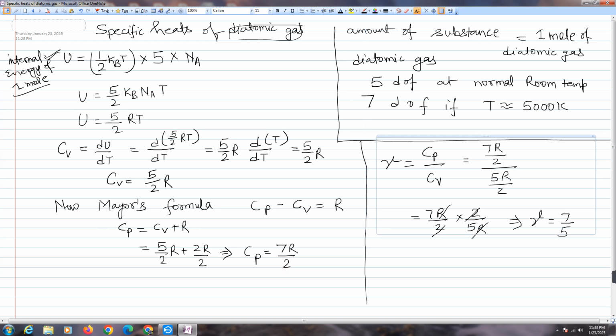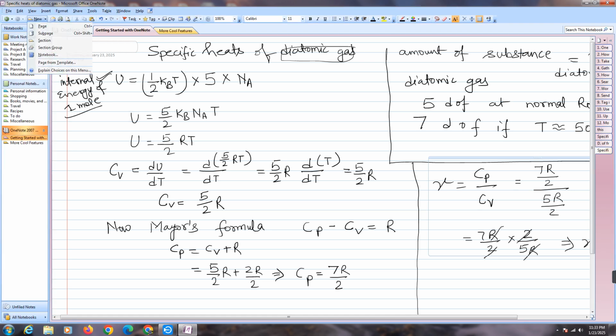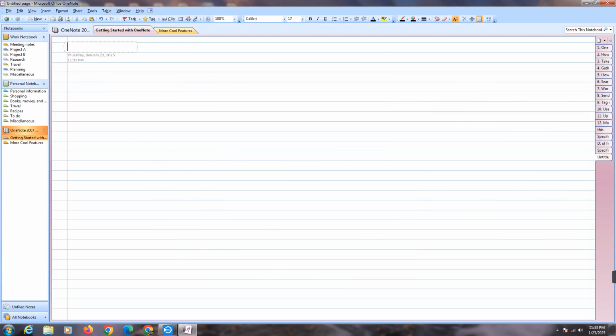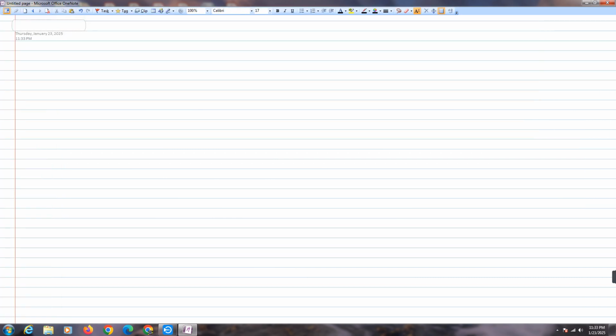Now the next point is specific heat of diatomic gas at high temperature.